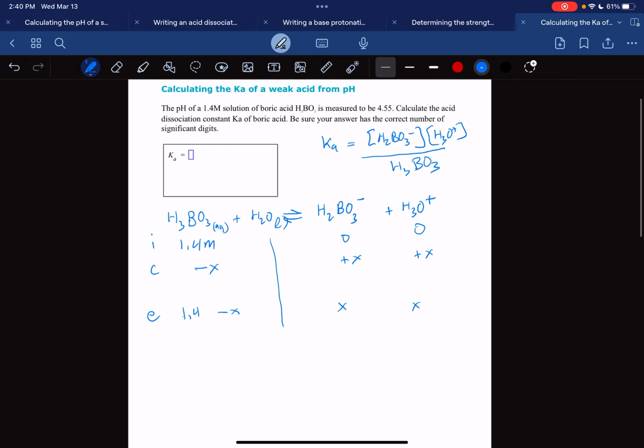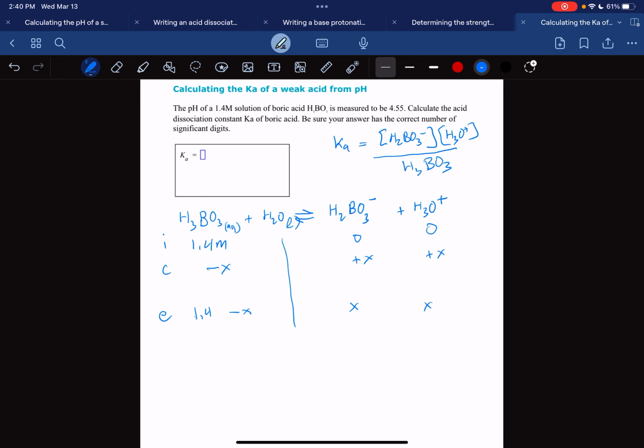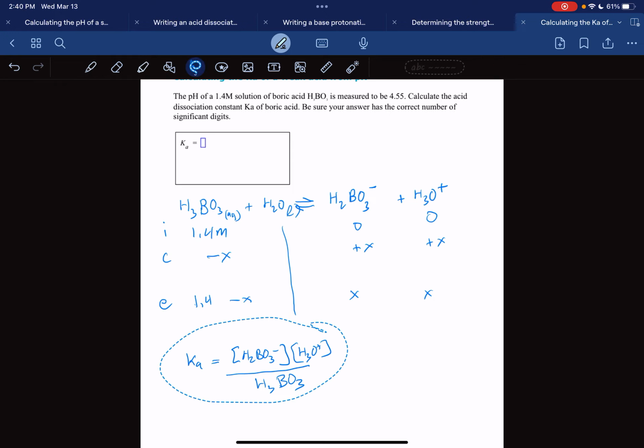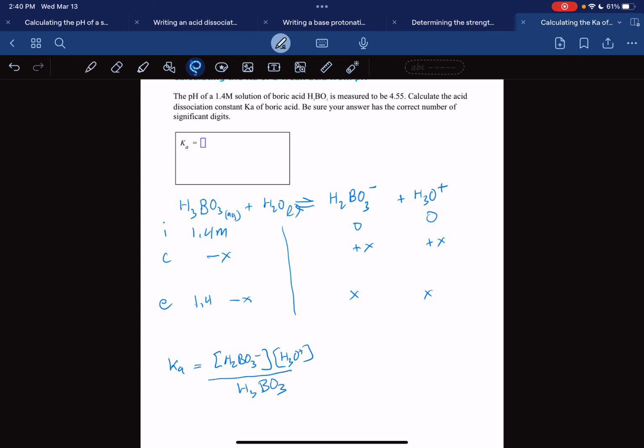So all these values we're going to plug back into our equilibrium expression. And just to make it a little bit easier for us to see, and through the magic of me having an iPad, I'm just going to take this and bring it down here. And we're going to plug in our variables. So what are we going to have here? Our Ka is going to be equal to X times X all over 1.4 minus X.